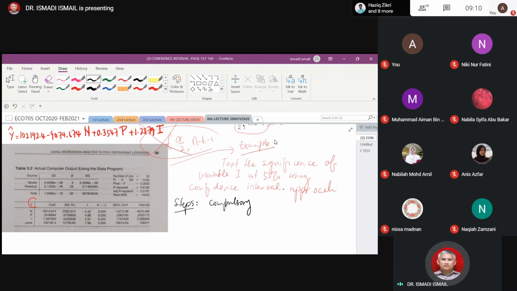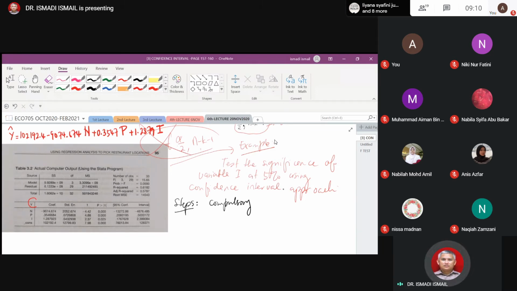Let's say I teach you to conduct the hypothesis. First, the hypothesis. What are we going to do with the hypothesis? You need to specify the hypothesis, for what reason? To do the testing.